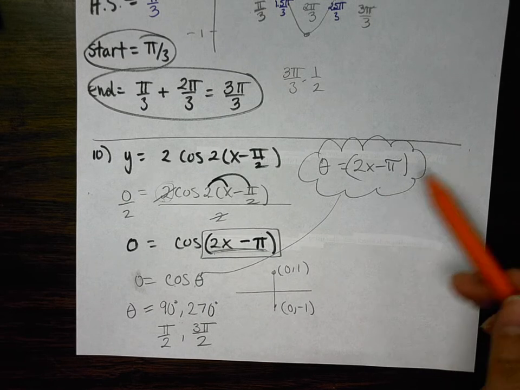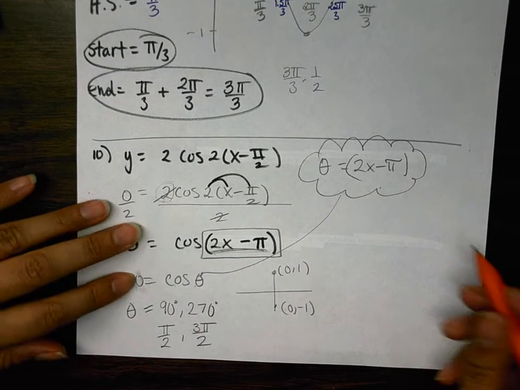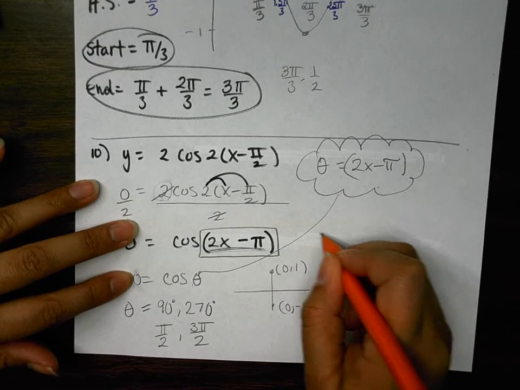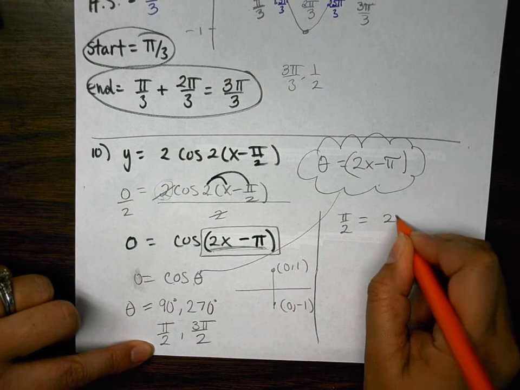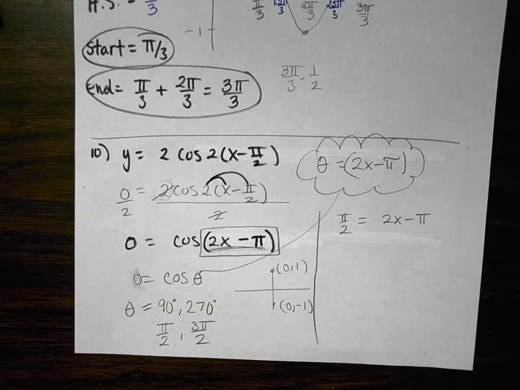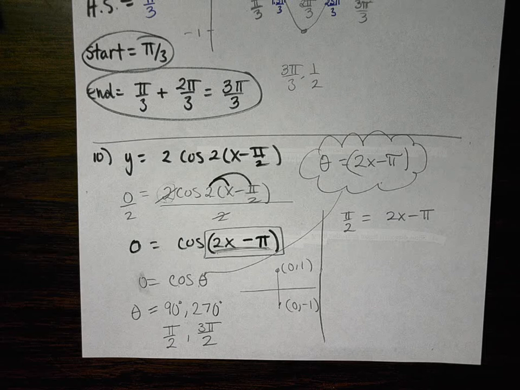Now, if you're like, hey, I don't want to work with the fractions, could you convert it to degrees and then change it to radians at the end? Yes, totally up to you. All right, so I'm going to plug it back in. So I'm going to have pi over 2 equals 2x minus pi.